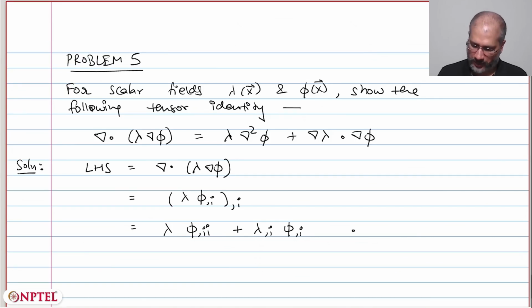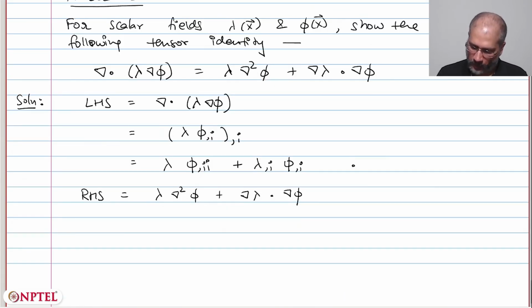So let's park ourselves here. Let's look at the right hand side. On the right hand side is lambda times Laplacian of phi plus grad lambda dotted with grad phi, which in the indicial notation becomes lambda times, now Laplacian of phi is phi comma i i, as we saw in the lecture, and then grad lambda is lambda comma i dotted with grad phi.